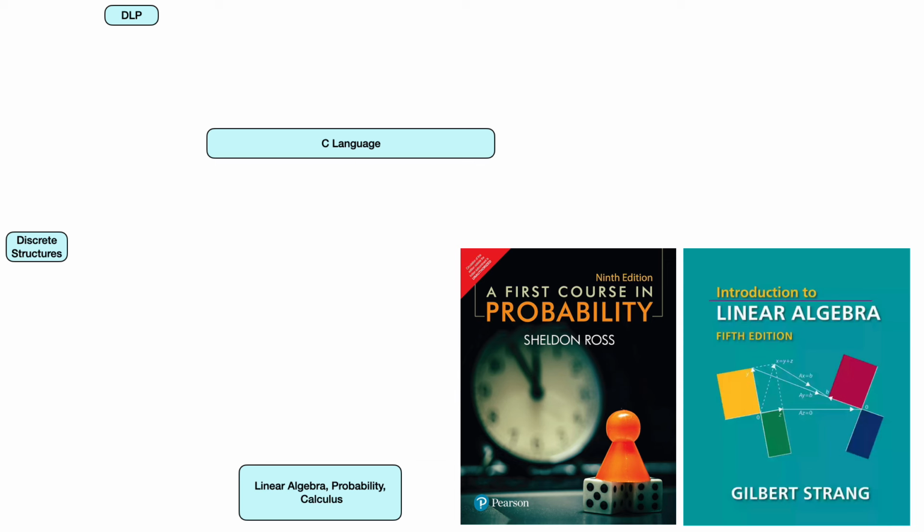Along with that, we also study random variables, single and multidimensional, continuous and discrete random variables and their properties, and various theorems. We also study statistics like mean, variance, standard deviation, and moment generating functions. And we also study correlation and covariance.